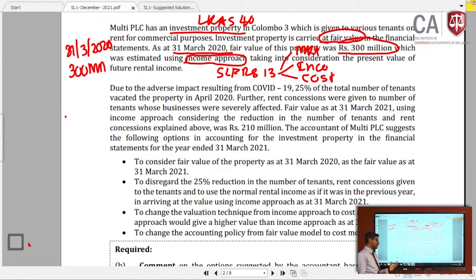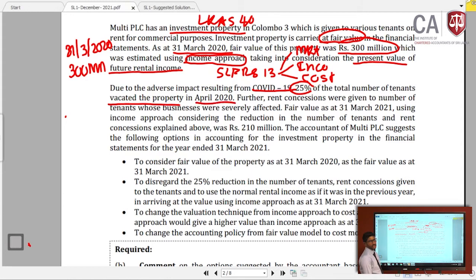Income approach means basically, this is a building that we have given for rent, so they have valued the property using the present value of future cash flows. They are mentioning considering the present value of future rental income. Due to the adverse impact resulting from COVID-19, 25% of the total number of tenants vacated the property in April 2020.